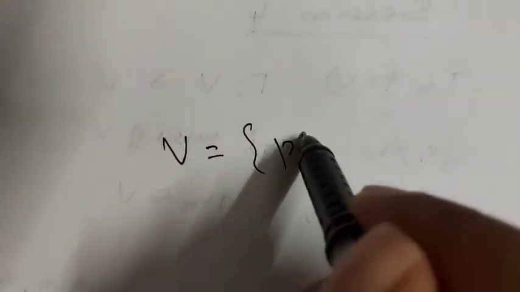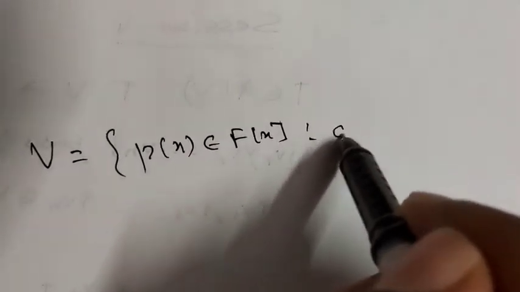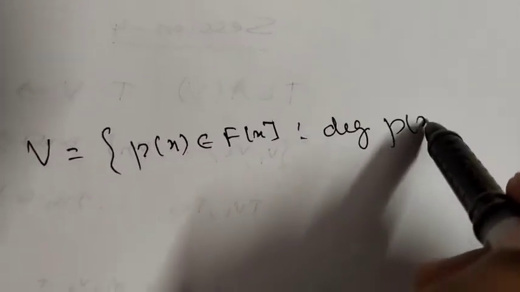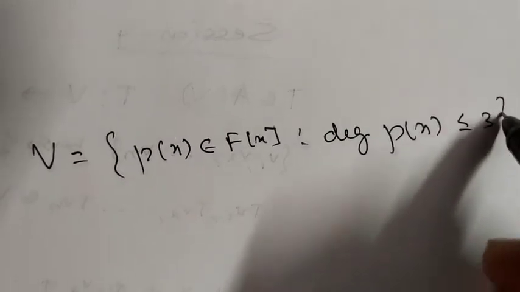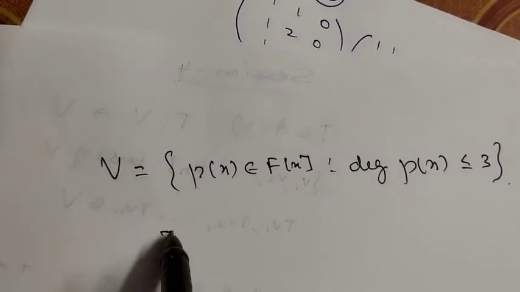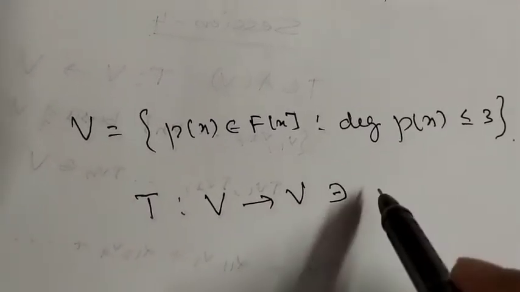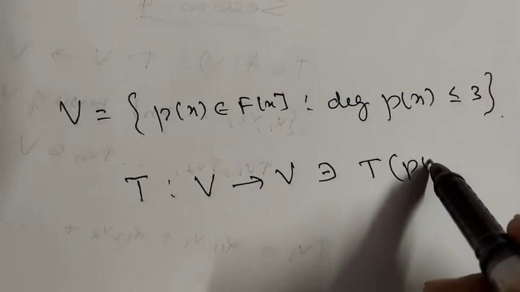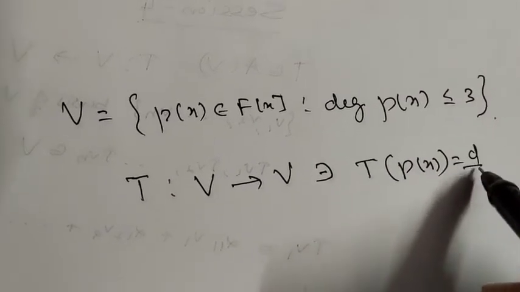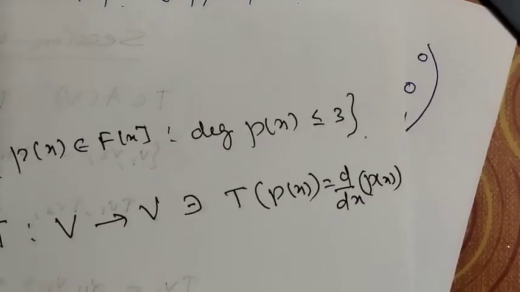V is the set of all polynomials P of x belonging to F of x such that the degree of P of x is less than or equal to 3. V is the vector space. Define T from V to V such that T of P of x is d by dx of P of x.